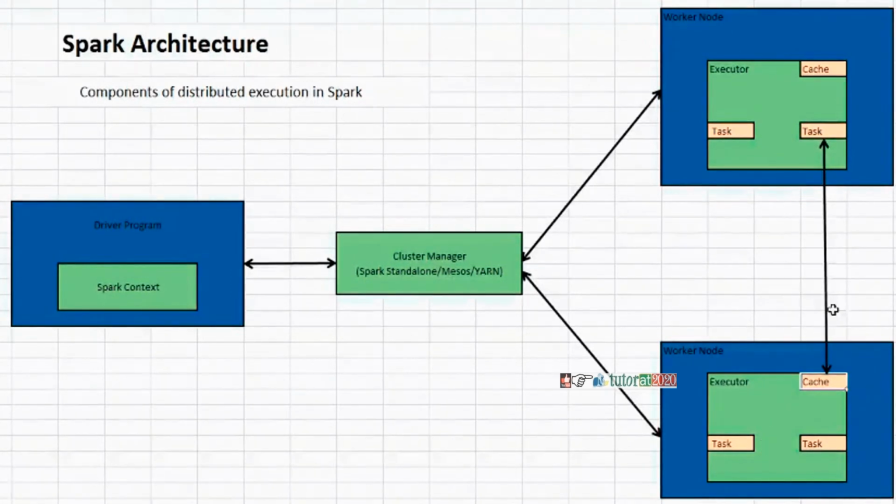So this way, you're splitting the job into multiple tasks, and you're holding the data on multiple machines, and you're executing the tasks on different machines on the data set, which is also distributed on different machines.